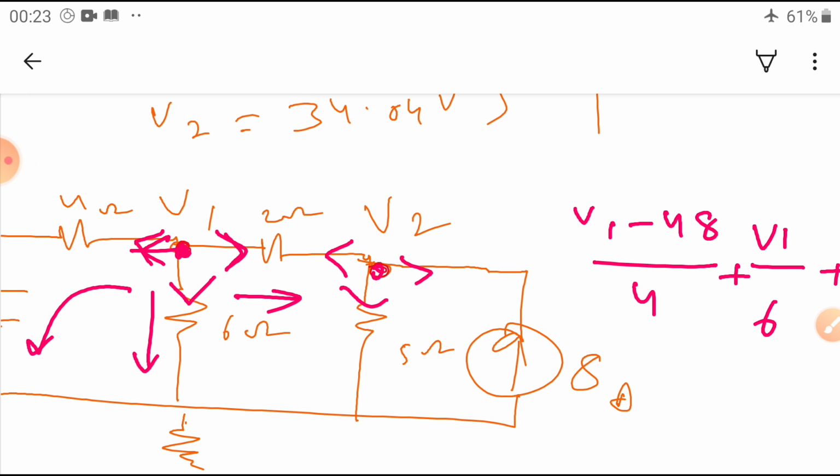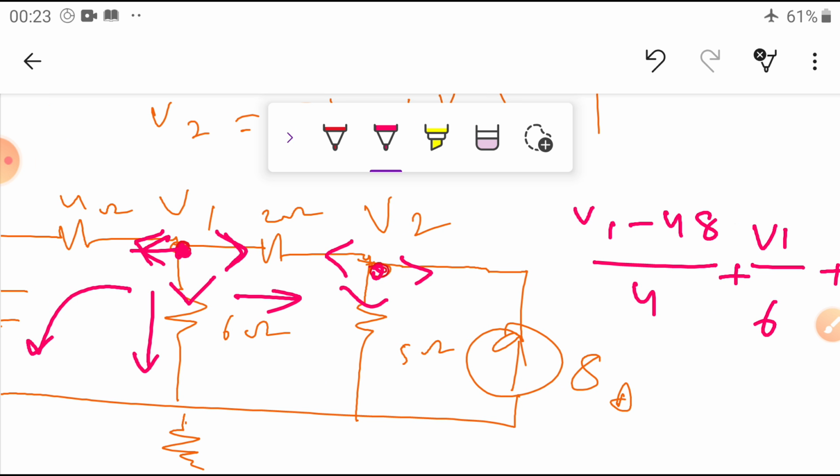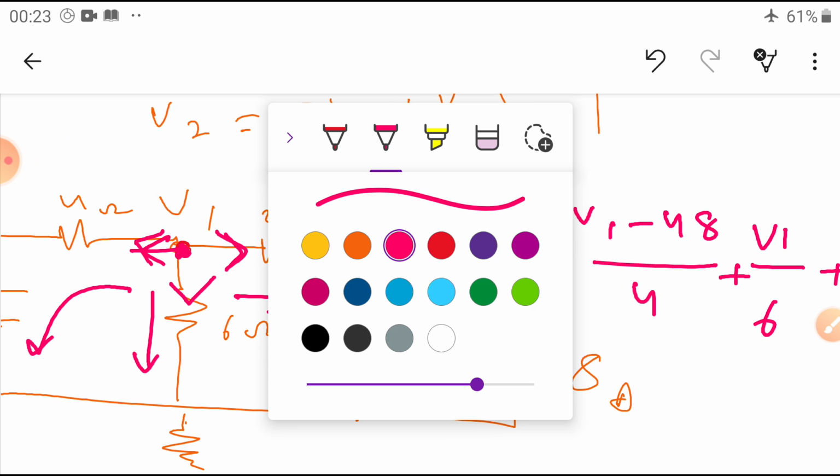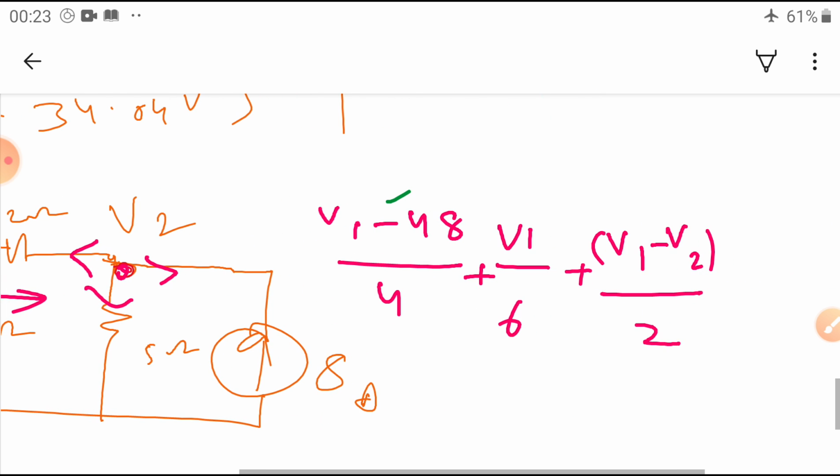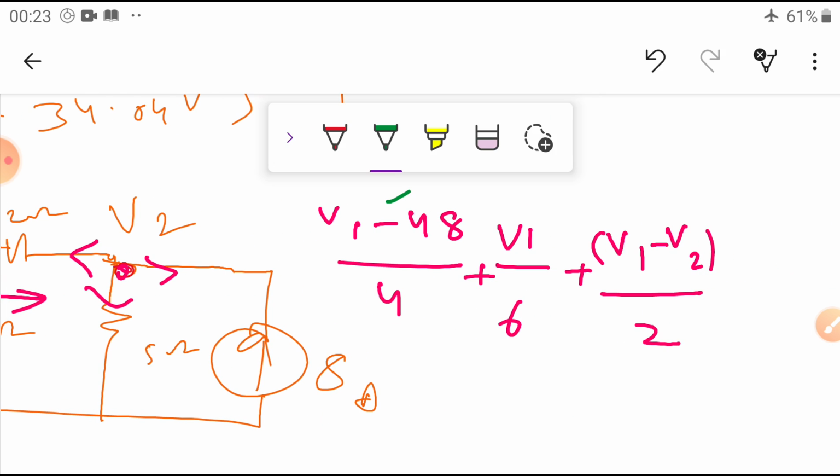So we have taken the three currents, one term each, and written them here. Then you simplify it, equal to 0.